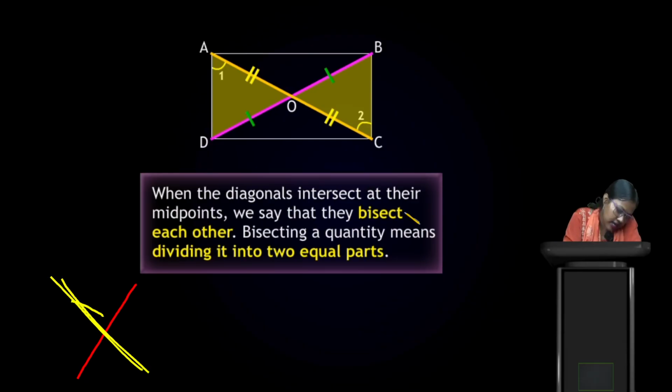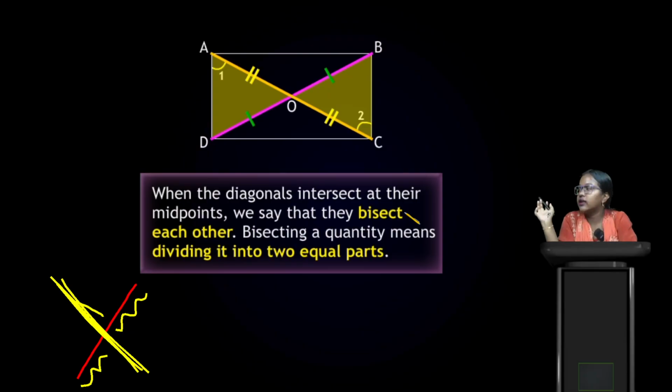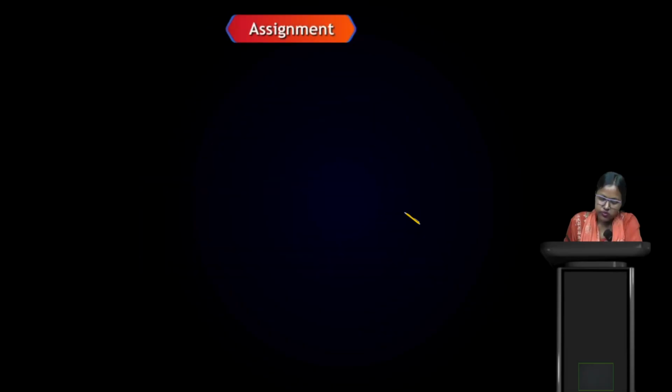The yellow line bisects the given red line. That means this red line became two equal parts. So that's why bisecting a quantity means dividing it into two equal parts.